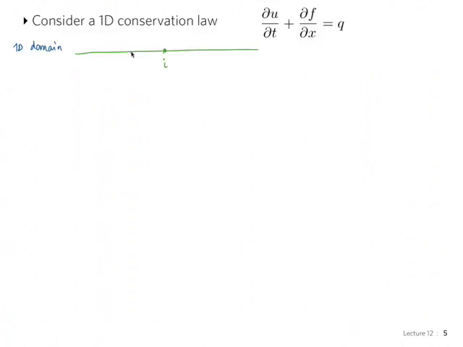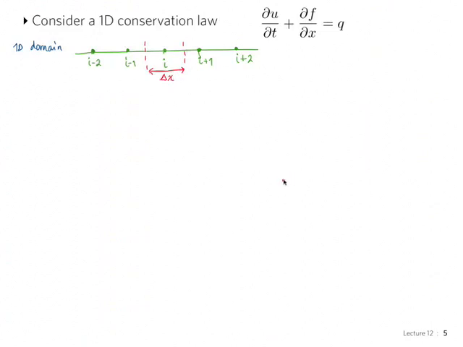We have I, I minus 1, I minus 2, I plus 1, I plus 2, and so on. But we look at cells, which are actually, this is a cell where we have from here to here, this is our delta x.